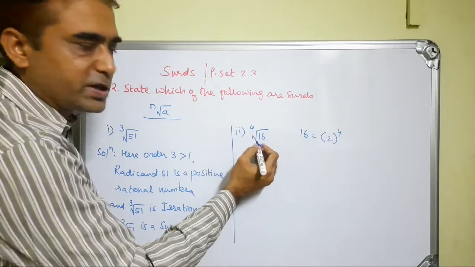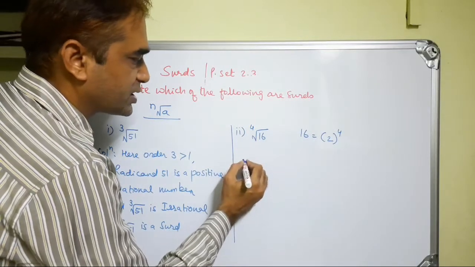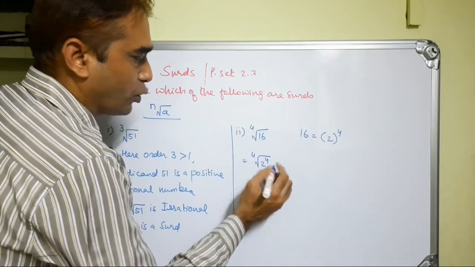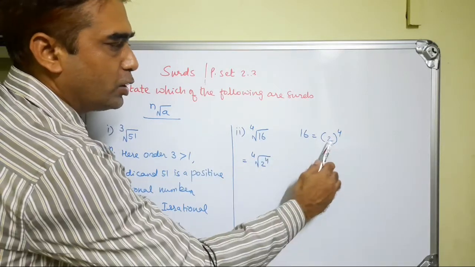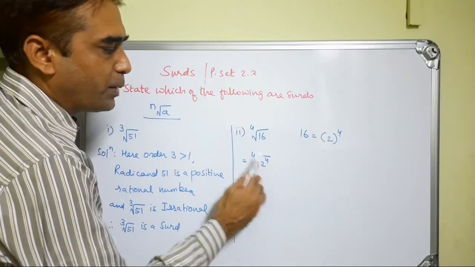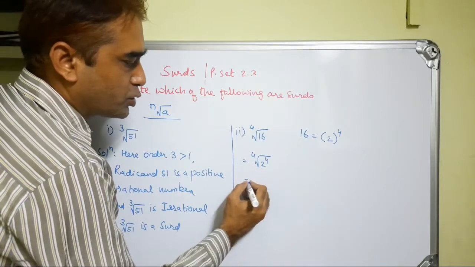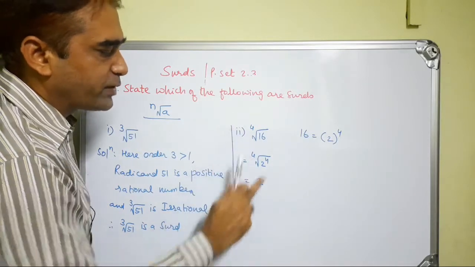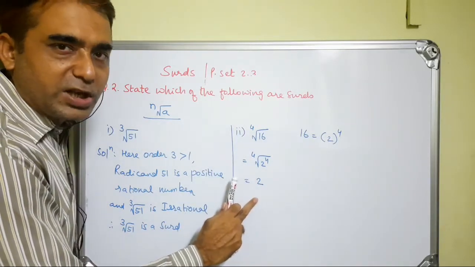Therefore, fourth root of 16 equals fourth root of 2 raised to 4. 16 means 2 raised to 4. And fourth power and fourth root cancel out. So this number is 2. It means the value of fourth root of 16 is 2, which is a rational number.